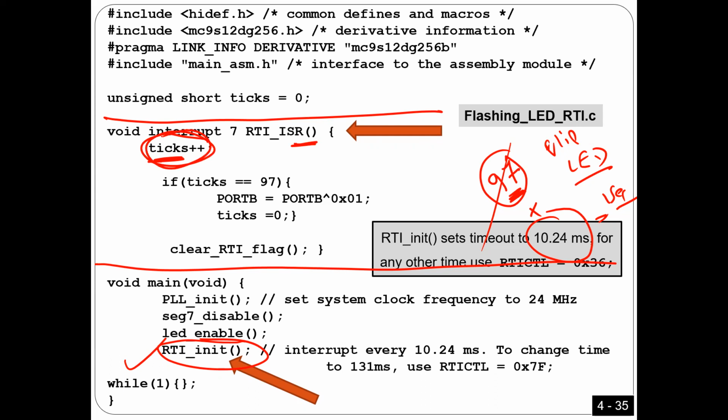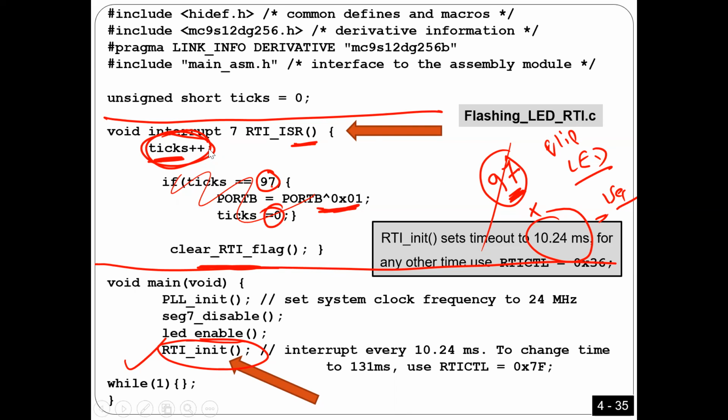Then if tick is equal to 97, I have to flip the LED, and then I have to clear tick, so that the counter can count another 97. If it is not 97 yet, you have to clear the flag bit. You can use this instruction to clear the flag bit, and then you leave.